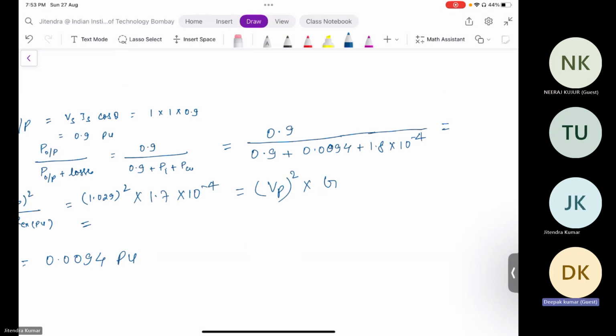Sir, in per unit system will the formula change? No, the formulas are the same. Copper loss is series resistance in per unit, and core loss is primary voltage square divided by parallel resistance, that is the core loss component resistance.